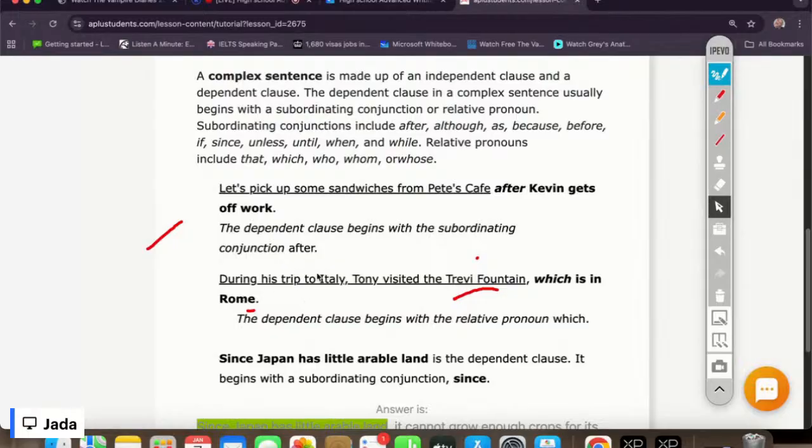Okay, so during his trip to Italy, Tony visited the Trevi Fountain, which is in Rome. So, which is in Rome, the dependent clause, begins with a relative pronoun, which. Okay.